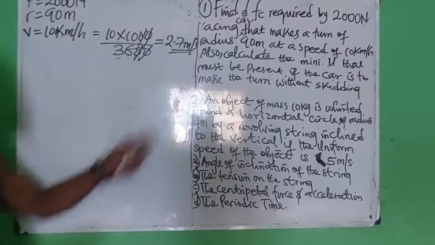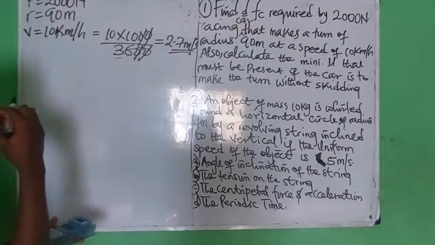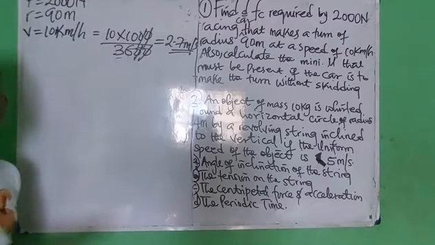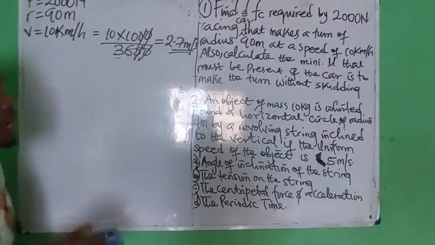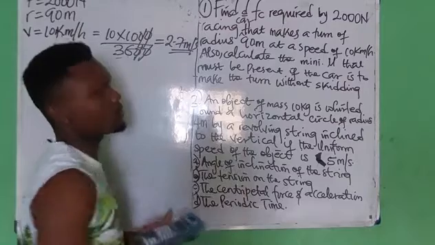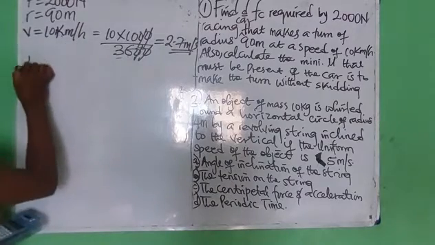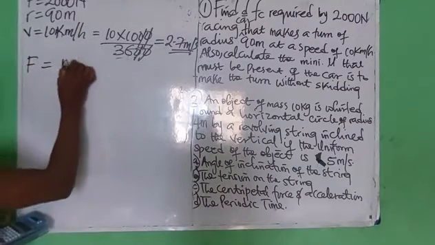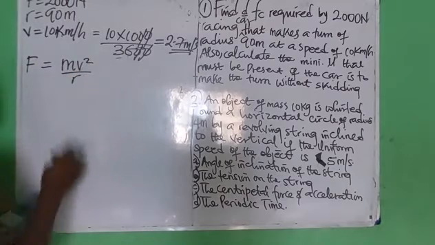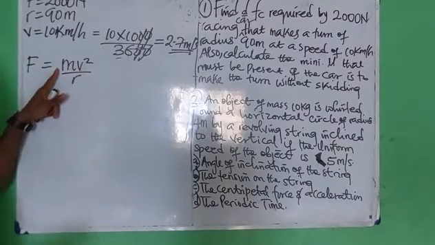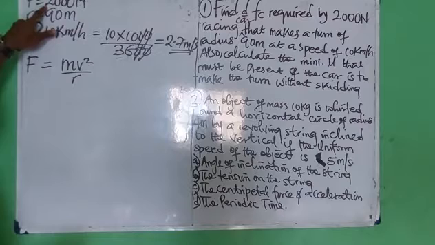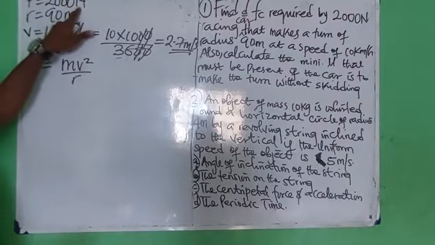We were asked to calculate the centripetal force as well as the coefficient of friction. Centripetal force is given as mv squared over r. However, the mass was not given. They gave us force to be 2000 Newton.